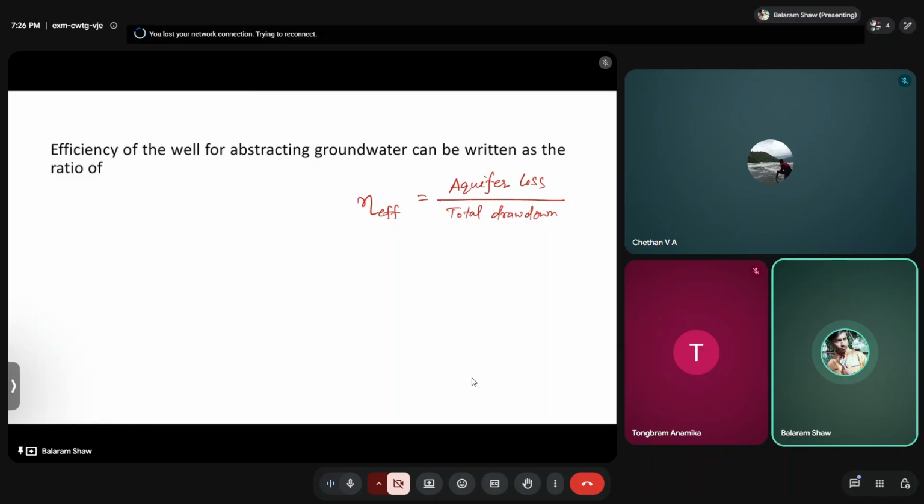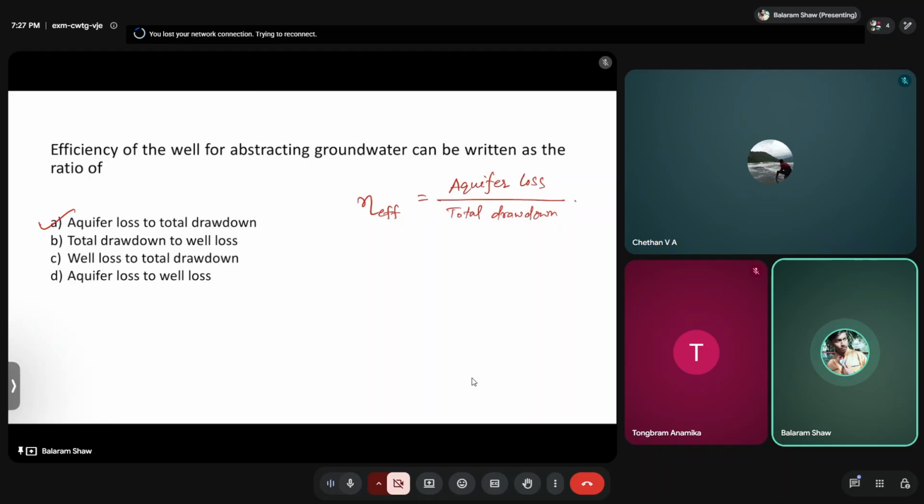So as I mentioned, what was drawdown again? If we just want to clarify, what is drawdown? We have discussed this, right? So the head loss that we were talking about, right? So the head loss, or let's say the distance between the pumping water level and the static or rest water level, we have seen earlier. Maybe we can see here also.